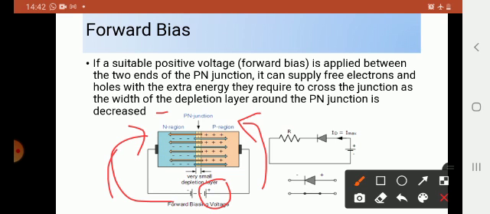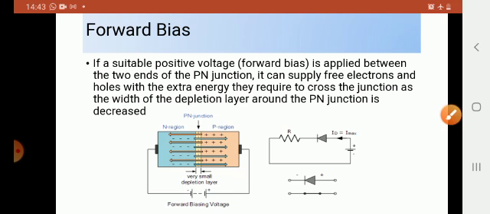Because electrons repel each other, the negative terminal is going to push all the electrons toward the p-type material. So electron flow will move from here toward here.